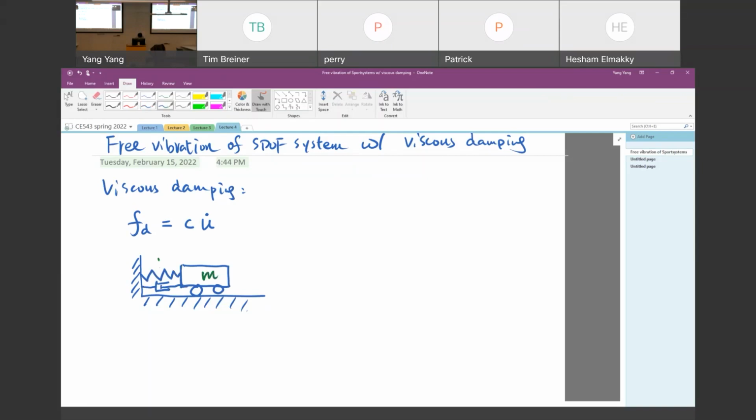This is the spring. This is the damper. So we have the damping coefficient as c.